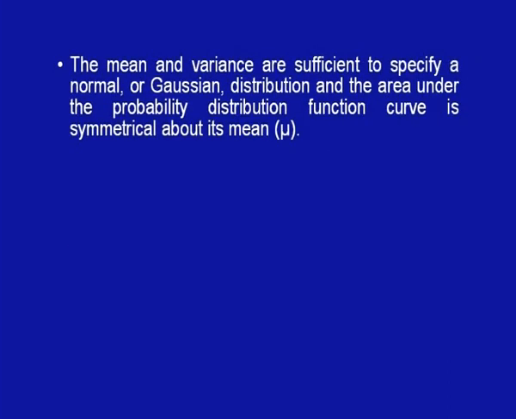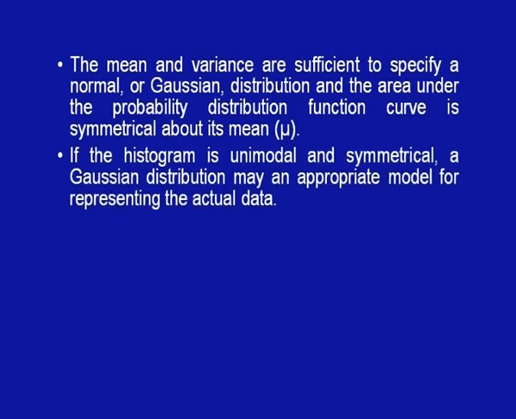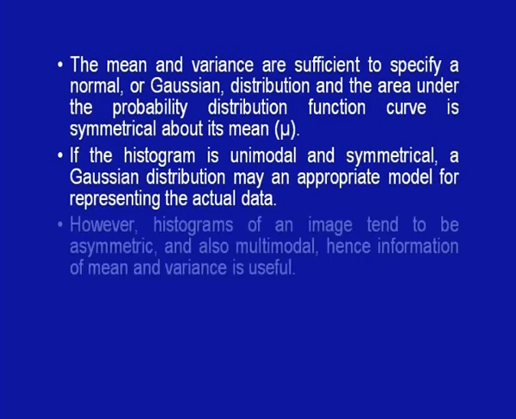The mean and variance are sufficient to specify a normal or Gaussian distribution, and the area under the probability distribution function curve is symmetrical about its mean, that is mu. If the histogram is unimodal and symmetrical, a Gaussian distribution may be an appropriate model for representing the actual data.